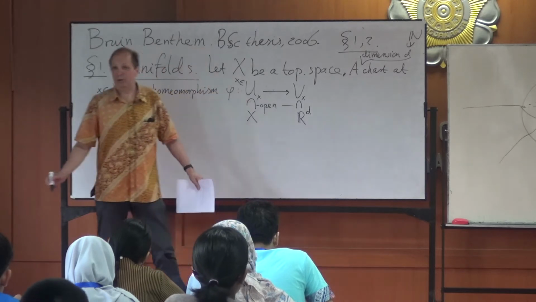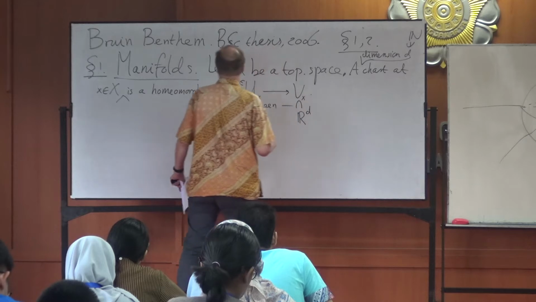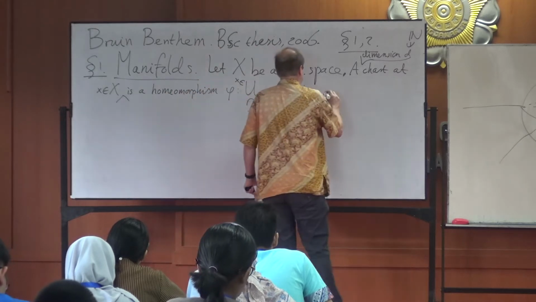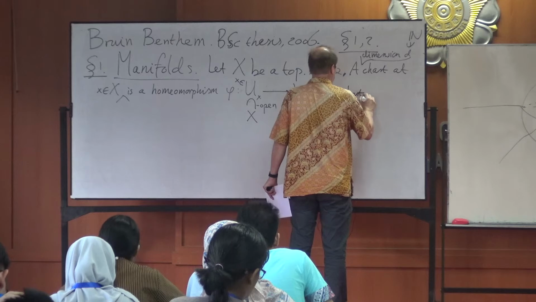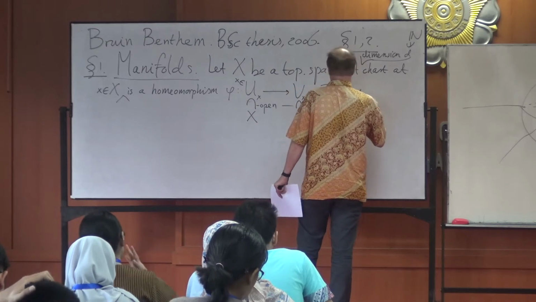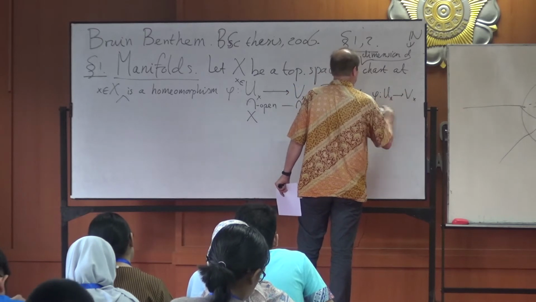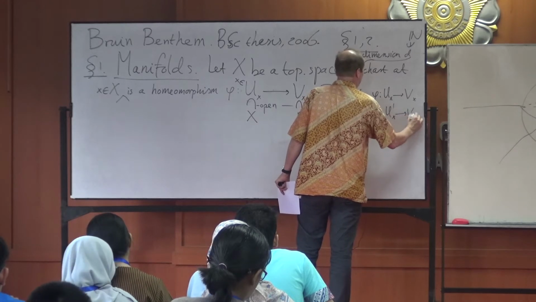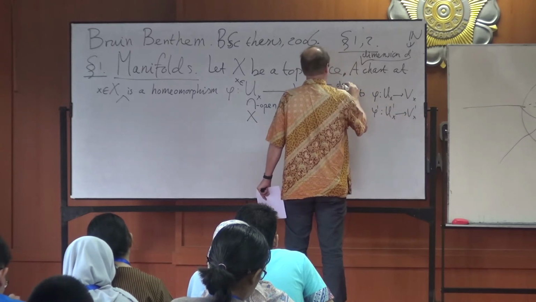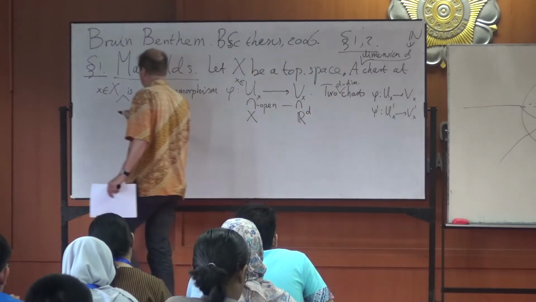That is a chart. And if I have two charts, phi from Ux to Vx and phi prime from Ux prime to Vx prime, two D-dimensional charts are compatible.